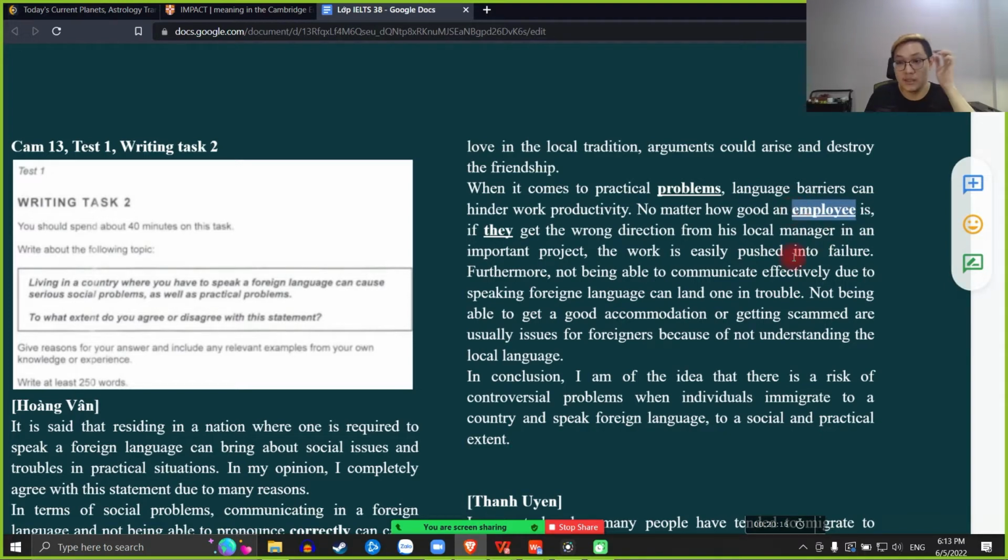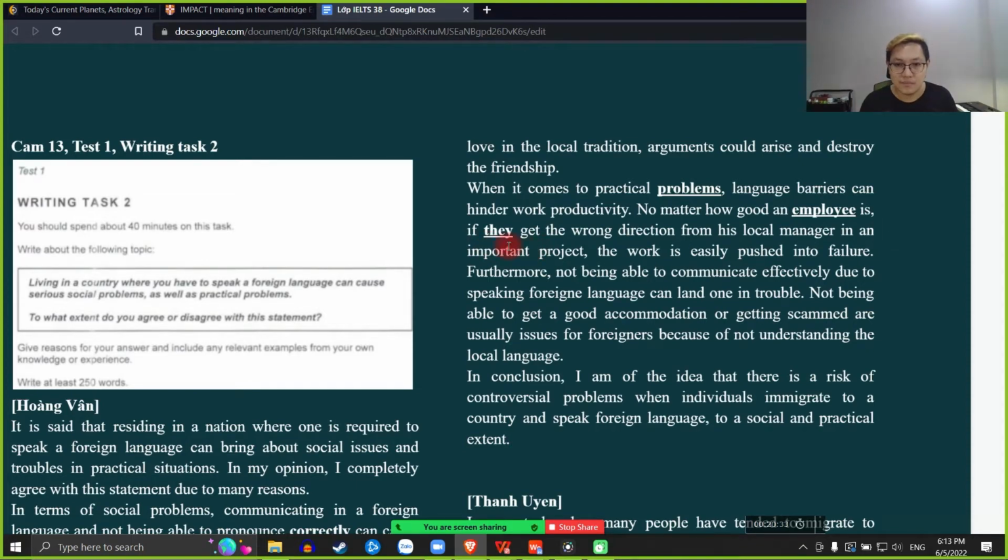Nhân viên nha, chứ không phải employer nha. An employee is, if they, you use they if you don't want to mention the sex of that person, whether it's a male or female. If they get the wrong direction, mình có thể dùng chữ they để mà không nêu ra giới tính người đó là nam hay nữ.